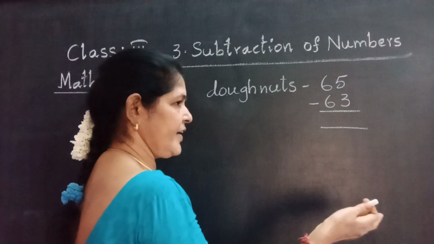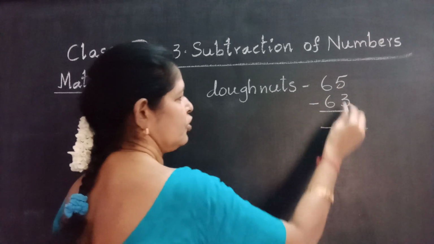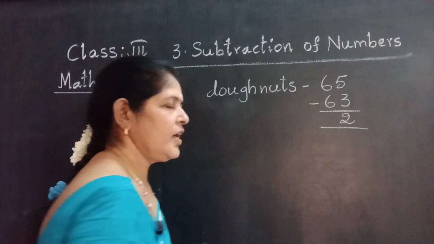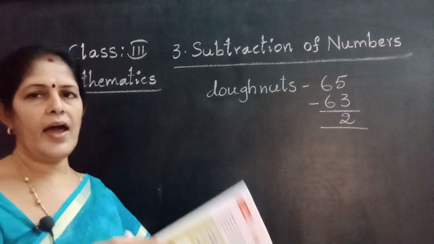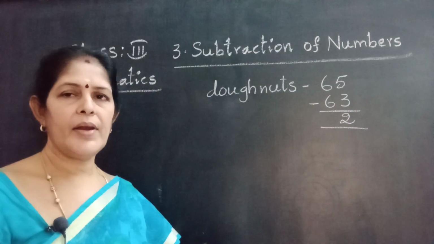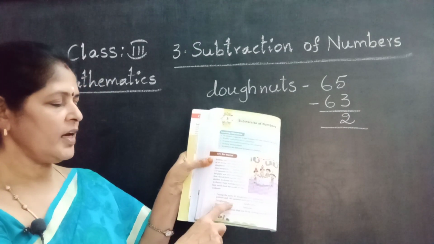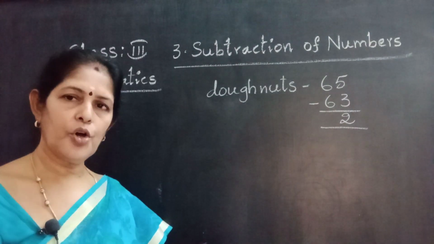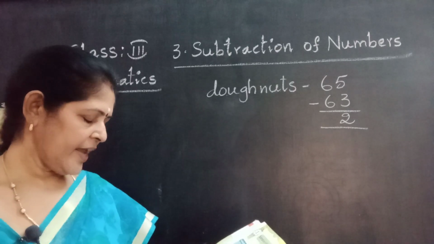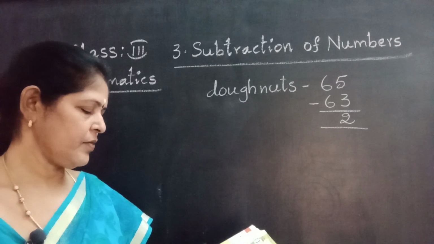63 is already eaten. How many are left? 2 are left. After completion of the party, here you have to write how many donuts are left. 2 donuts are left. Next item goes to sandwiches.